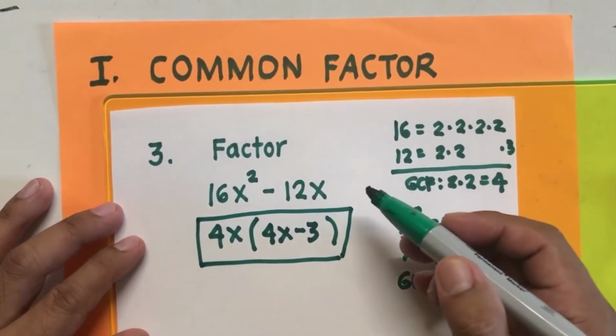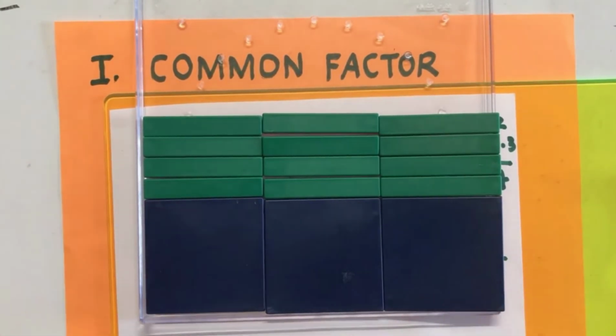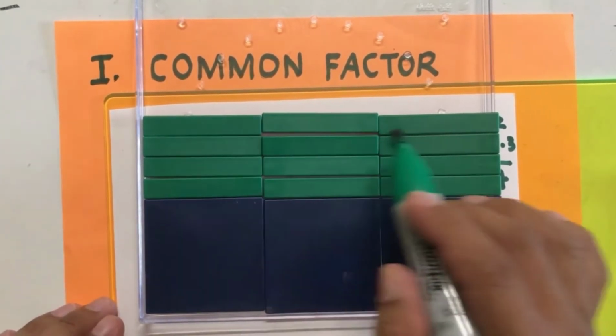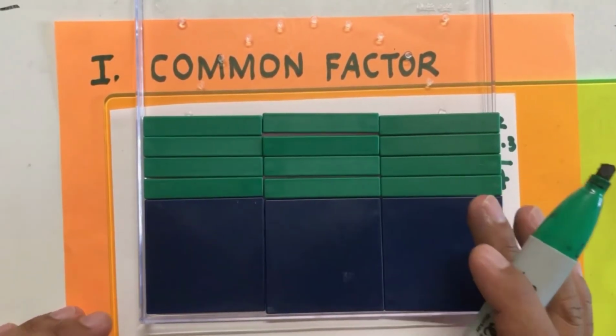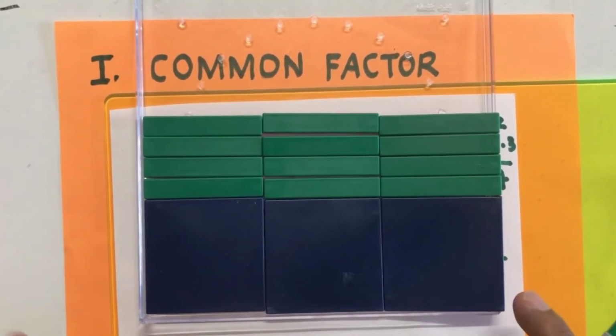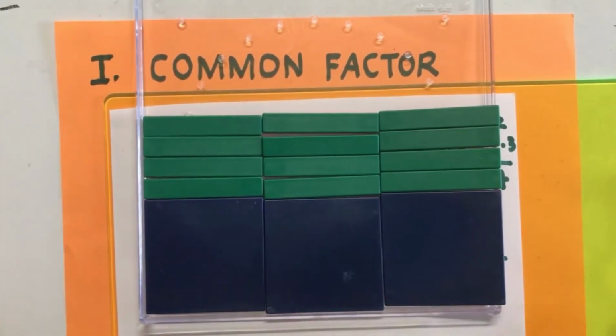What's the point of doing this? This lesson has important implications when you are doing actual problem solving in the real world, because you might be encountering situations when you become engineers that you are planning your building. You are given your particular area and you are asked to find what are the possible combinations for the length and the width so that you can maximize the space.